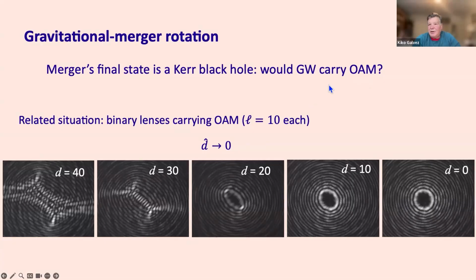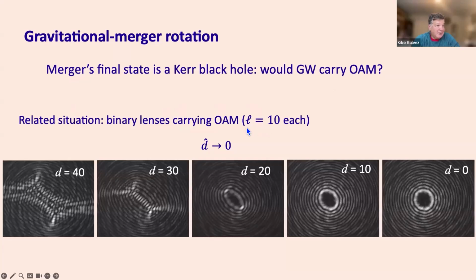So at some point, we also played with OAM, and let me look at the time. We didn't do that, but what we did was to add OAM to the binary lenses.